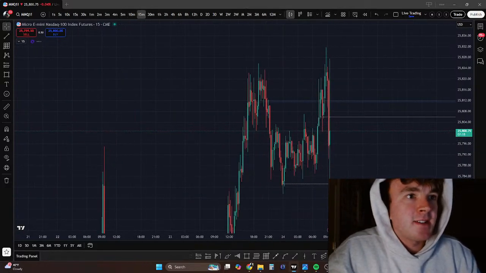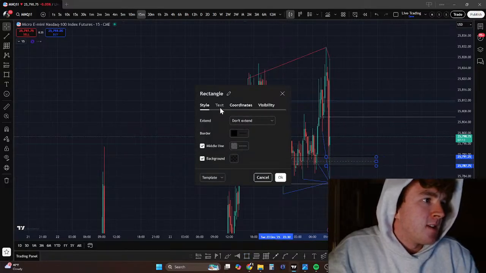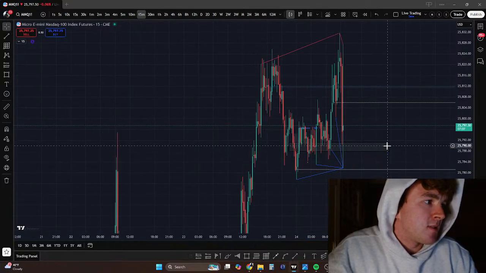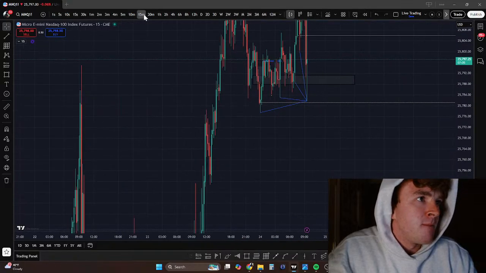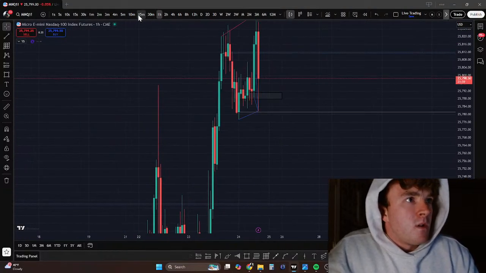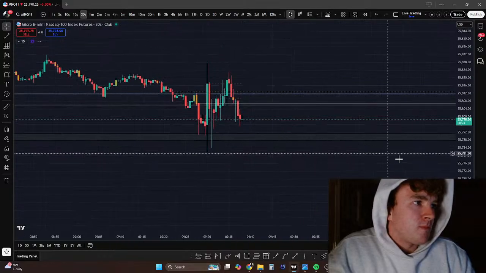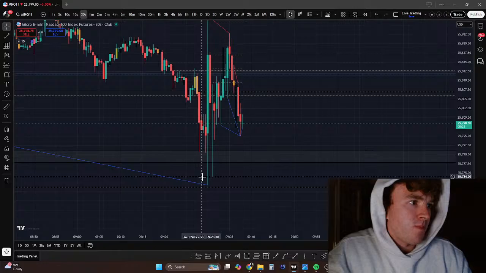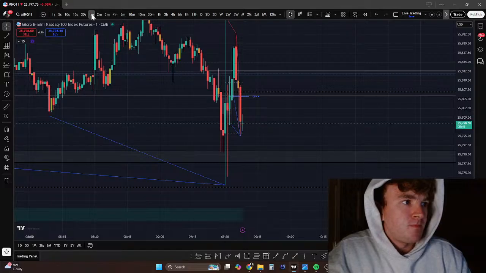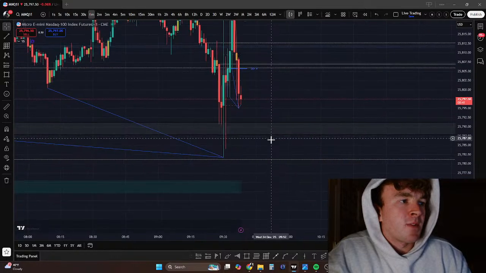I'm still liking the idea that we have this 15-minute, essentially 15-minute balanced price range down here, and we might just use this to continue up. I think the RTH gap was filled.